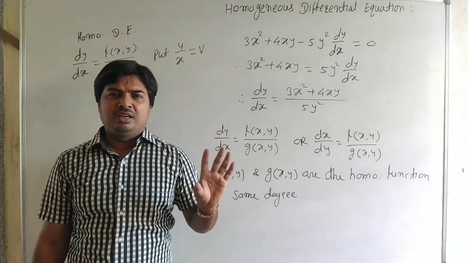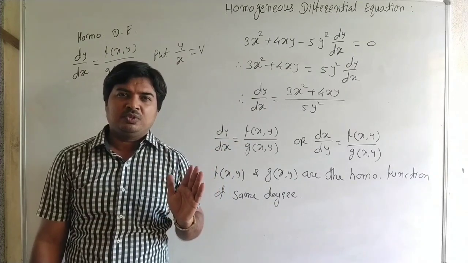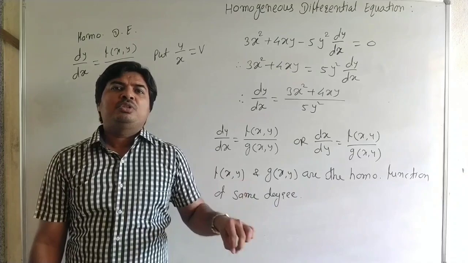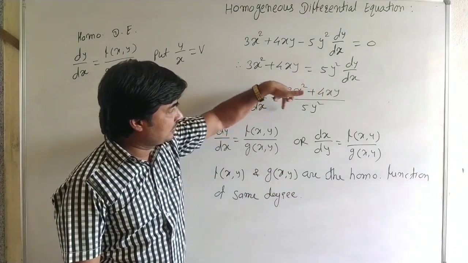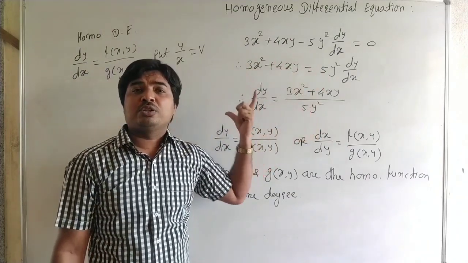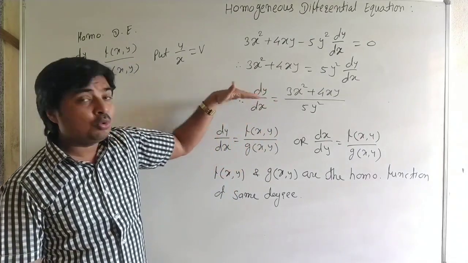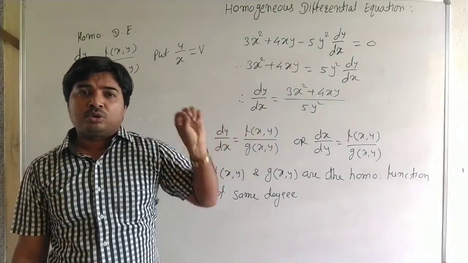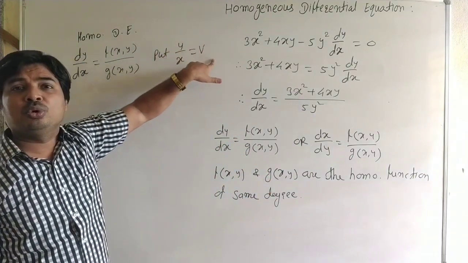There we clearly wrote the function in the form of a composite function, and then saw which function to substitute. But here it is 3x square plus 4xy upon 5y square. It is a homogeneous differential equation, and for the homogeneous differential equation we put y by x is equal to v.